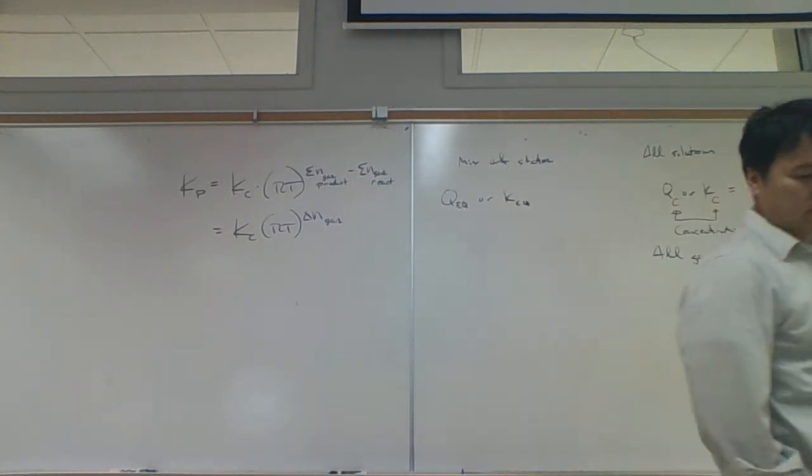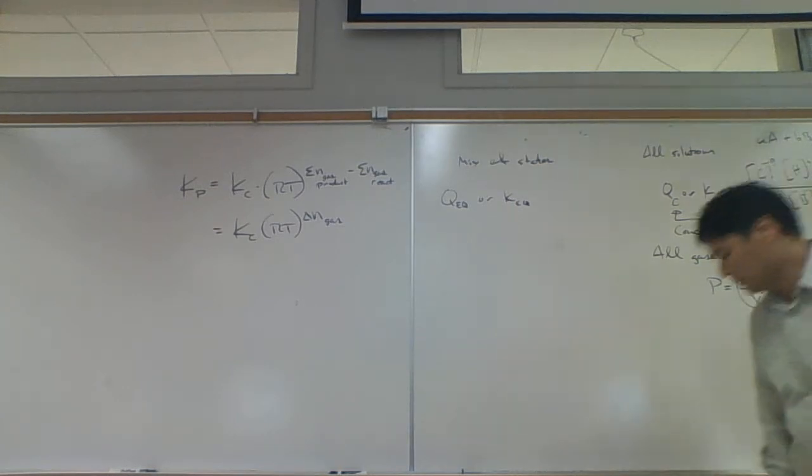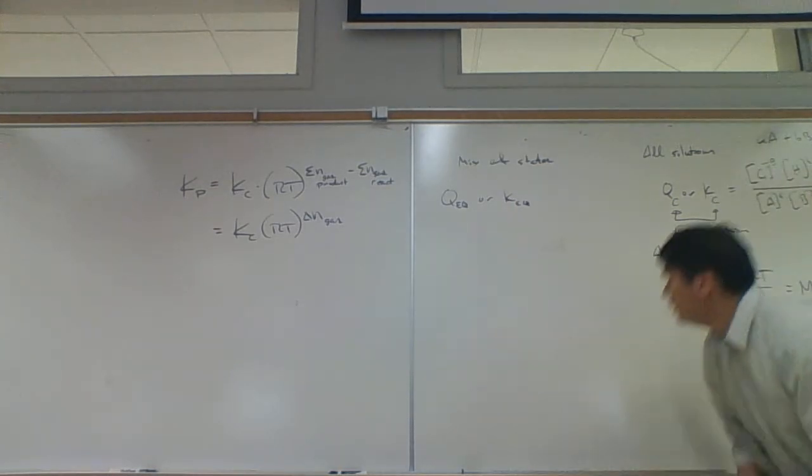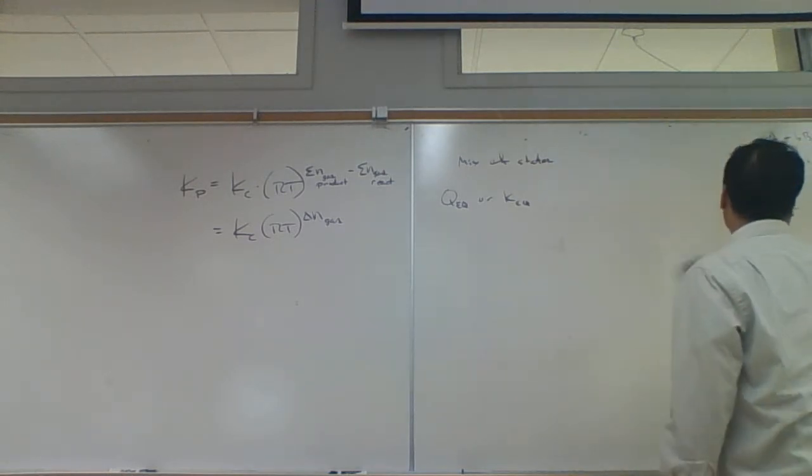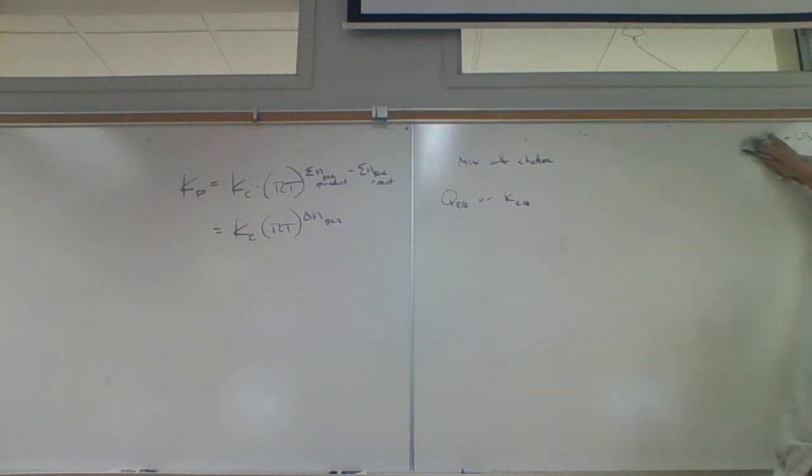Now KEQ is the K that was in all the thermodynamic equations. QC and QP and KC and KP, these are from experiment. QEQ and KEQ, those are going to come from the equations of thermodynamics.